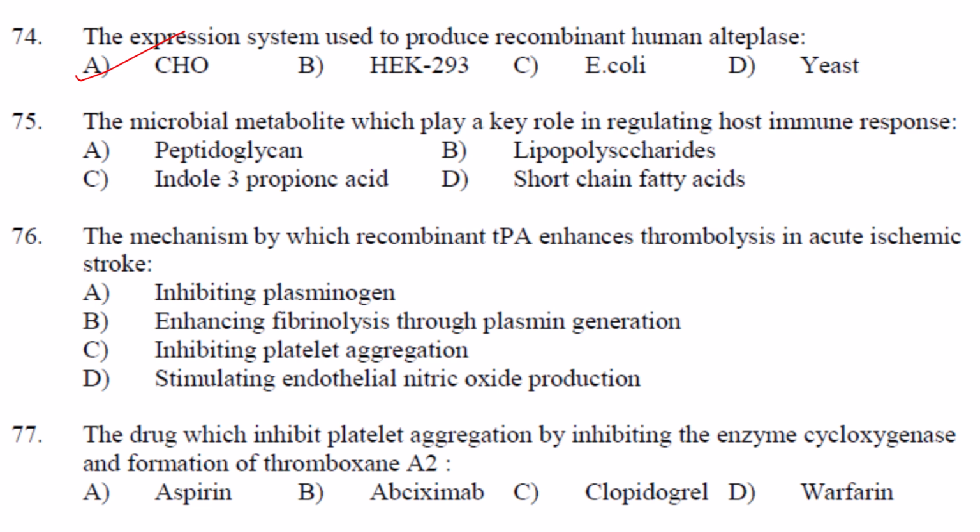E. coli cells are usually not used for proteins which require post-translational modifications. Okay. Yeast can also be used for expression of proteins which require post-translational modification, but human alteplase requires complex modification, so it will not be used.